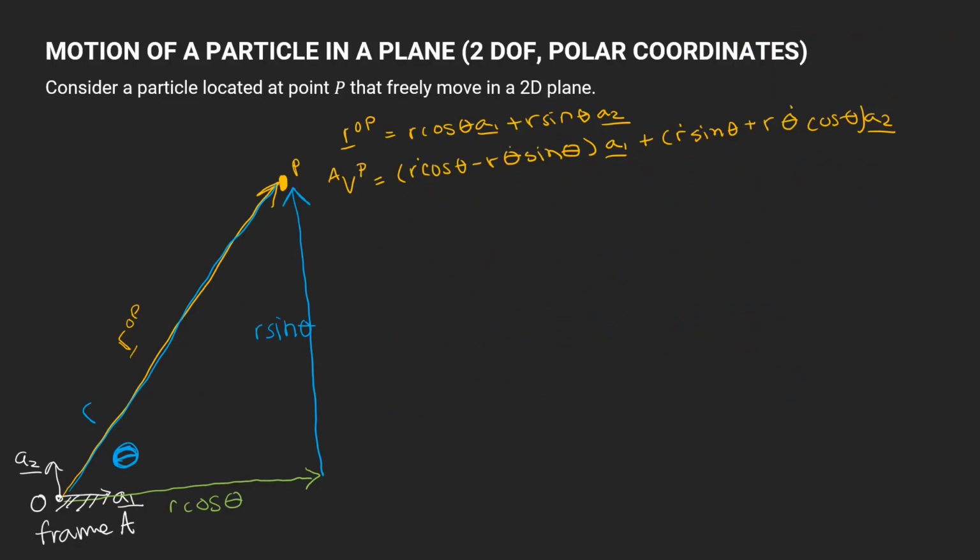Okay, so now that I've cleared the space a little bit and rewrote the position vector and the velocity vector again up top, I'm going to go through and calculate the acceleration of point P in frame A. The process, as in the fact that I simply need to calculate the time derivative of the velocity vector, is obviously the same as what we did in the prior example.